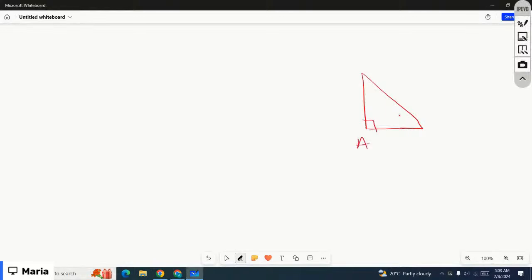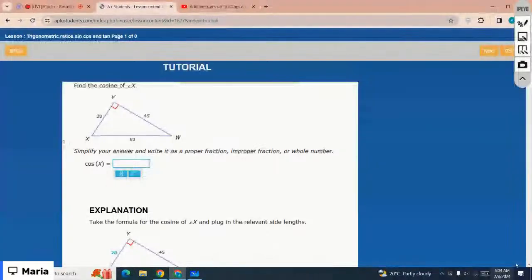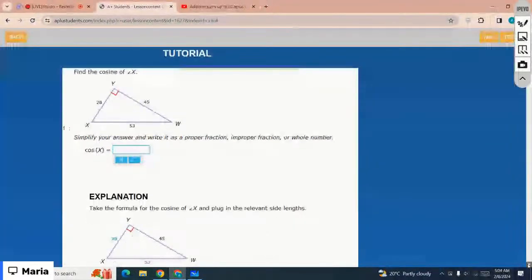For example, that is A, B and C, right? So this is angle A, and the side that is in front of the right angle is the hypotenuse, right? And one of them is opposite and the other one is adjacent.